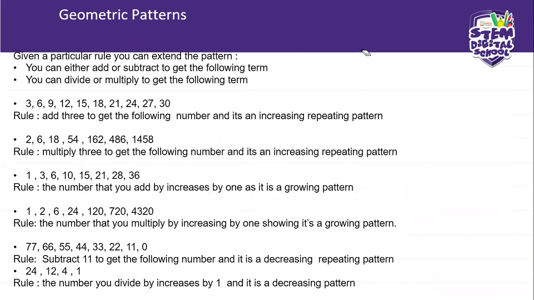Now, we spoke about rules: for you to get the following number, you must follow the rules set in patterns. As patterns, we have rules and you must obey that rule.